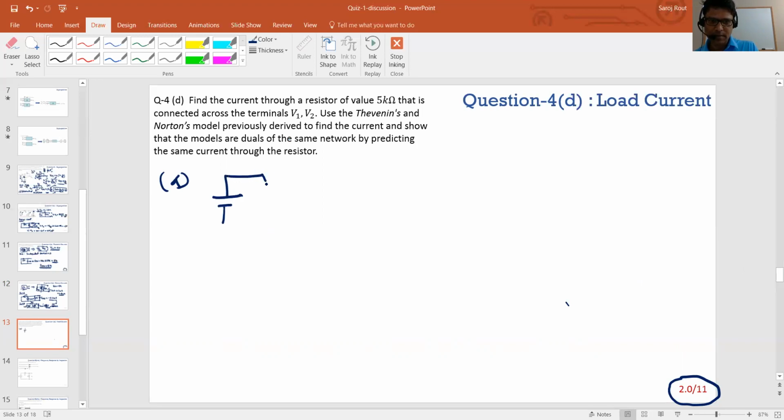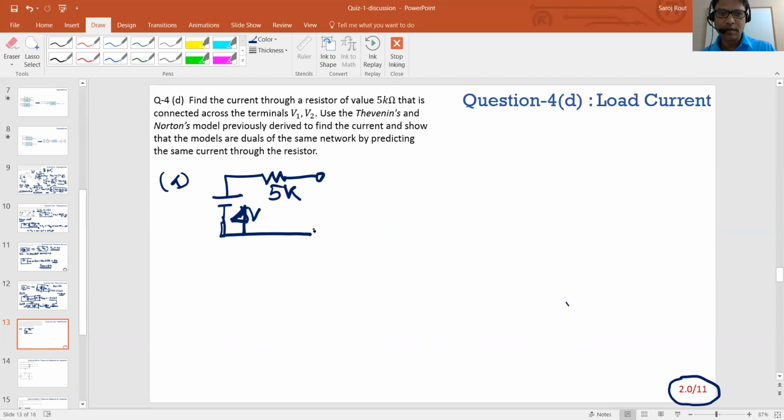So the Thevenin, what did we calculate? This was 5K. This is 5 volts, right? I'm sorry, I think we calculated this to be 4 volts.